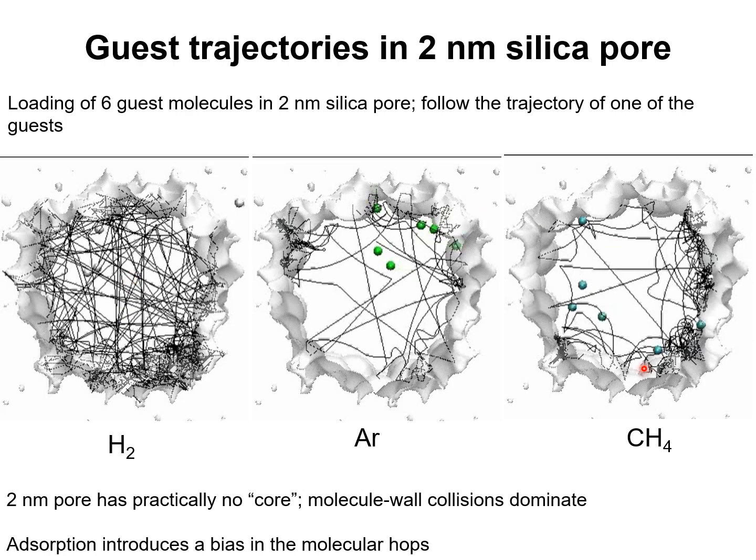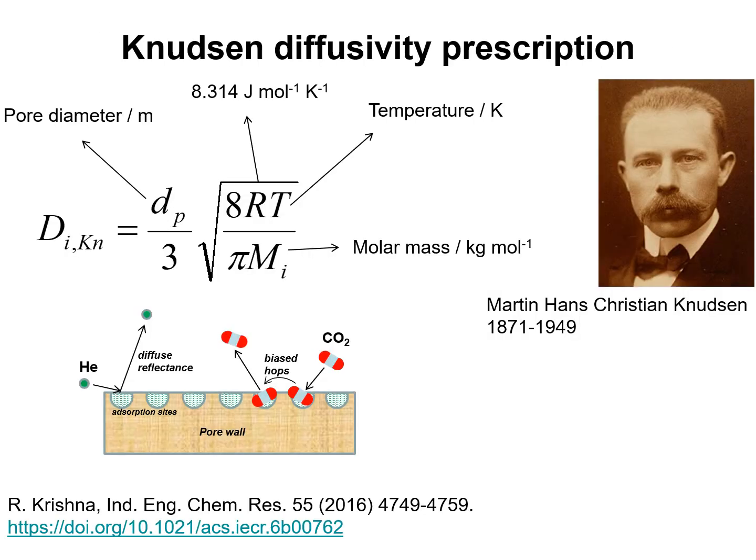Now, in each of these cases, we can determine the diffusivity from molecular dynamic simulations and compare those MD data with the data calculated from the Knudsen formula. Let's have a look at the Knudsen formula. This formula was derived by Martin Hans Christian Knudsen.